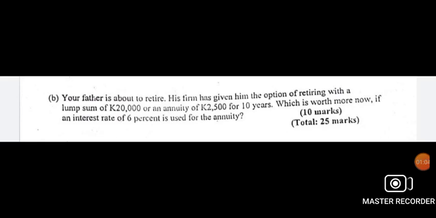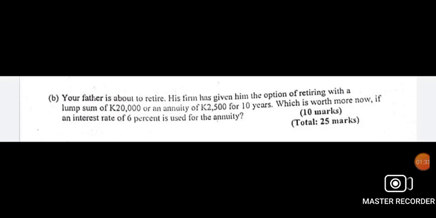If you look at this question, we have a lump sum that is given to the person today, being promised 20,000, or the annuity of 2,500 for a period of 10 years. So they are asking, are you going to go for the annuity or just get the whole 20,000 together right now today? The 20,000 they've offered you.